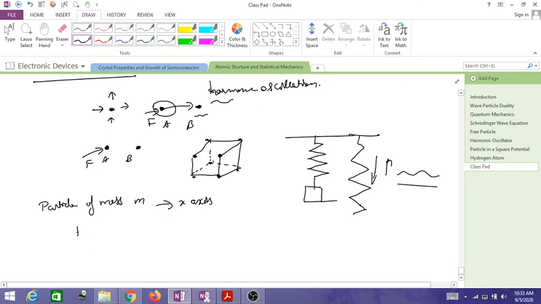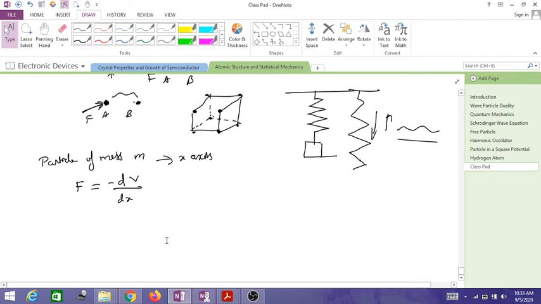Then the force acting on this can be defined as the derivative of the potential with respect to x. Here we are talking with respect to potential energy, because the atom is at rest, at the equilibrium position. Only when a force is exerted on this atom does it change its position from A to B, and then its motion is represented by harmonic oscillations.